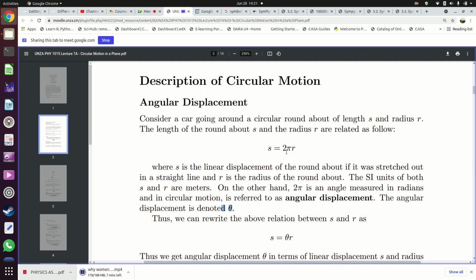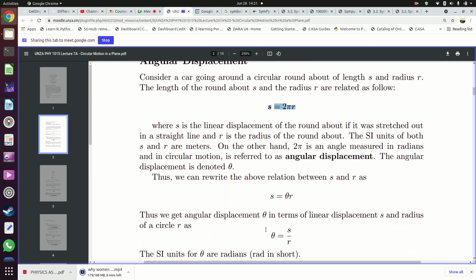So in place of this 2 pi, we can write theta. From s is equal to 2 pi r, we can come up with a relationship which is going to give us how much distance you are going to cover if you move in a circle of radius r through a particular angle.